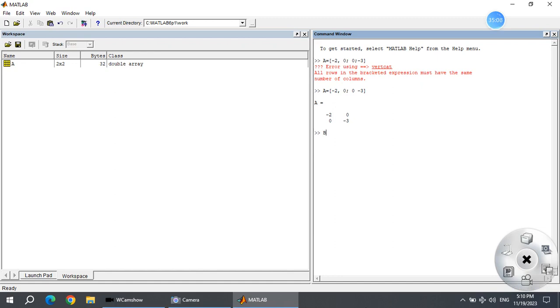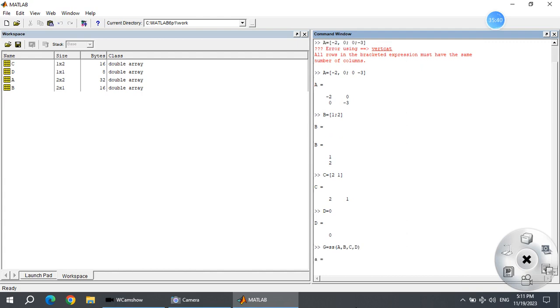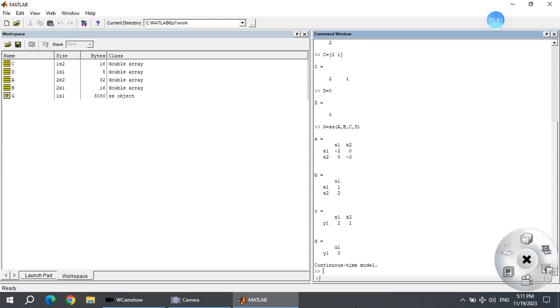And B equals 1, 2, and C equals 2, 1, just reversed. D equals 0. Then we have a continuous one. I have G equal to SS of A, B, C, D. This is a continuous one. And then we give a T, like T is 0.2.